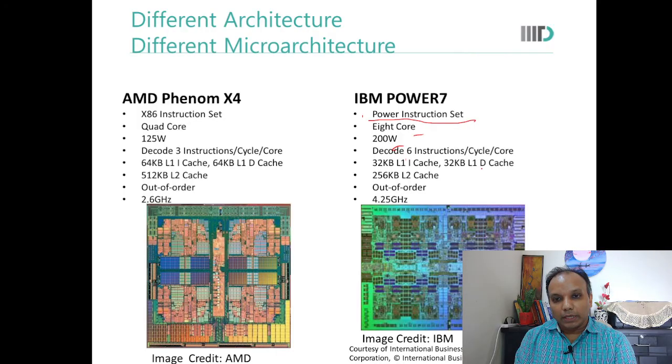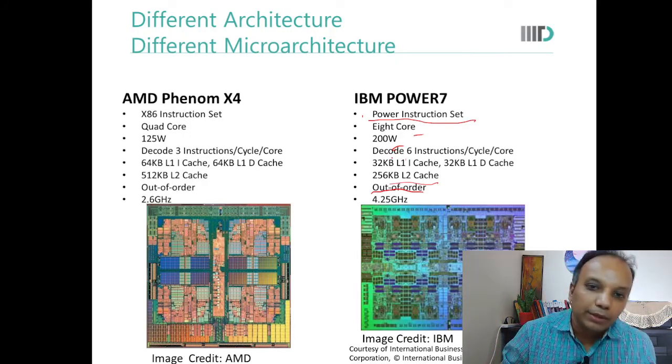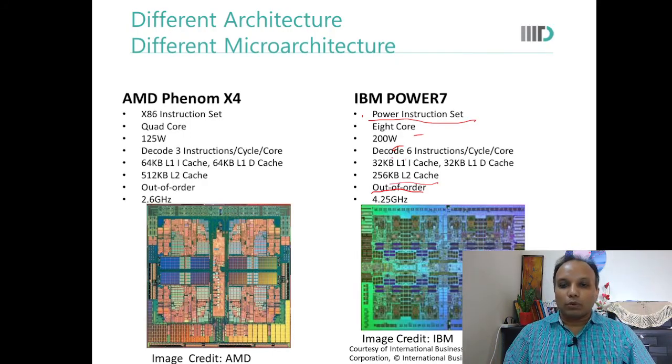The cache sizes are mentioned, and the L2 is a little smaller here, and this also supports out of order execution, and it can run much faster, at 4.25 gigahertz. So you see that there are different ways the processors can be designed. There can be multiple ISAs, or the same ISA with different microarchitectures, and so on.